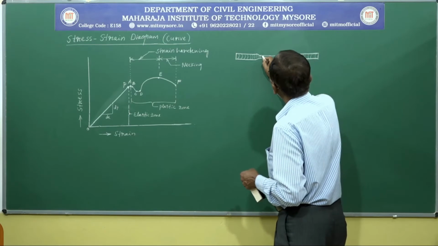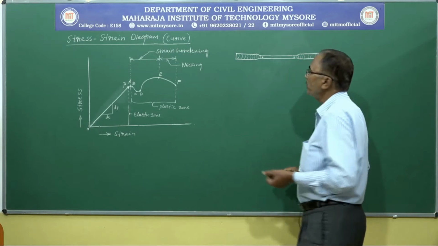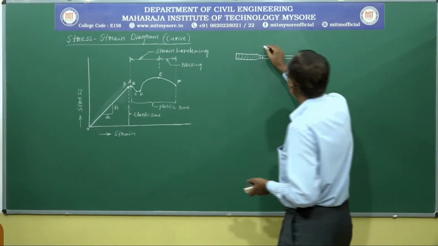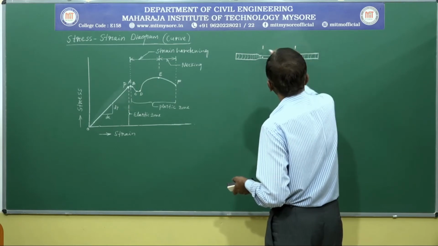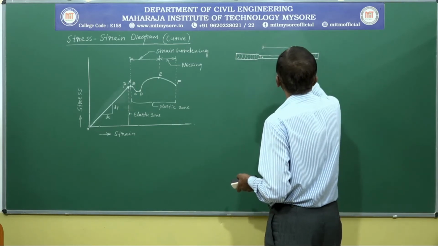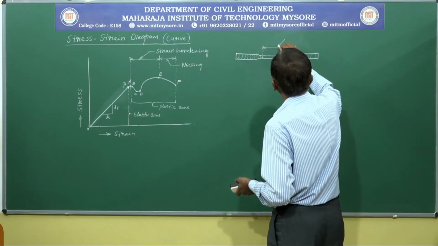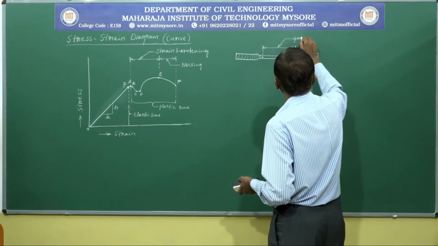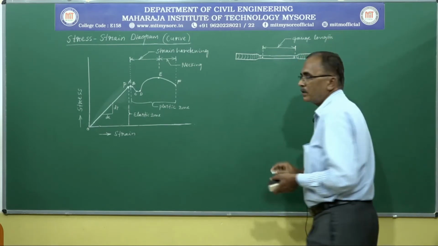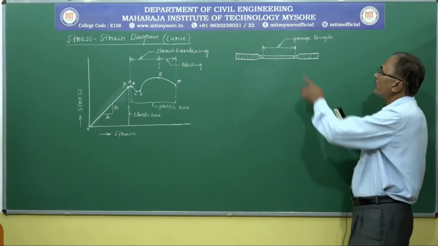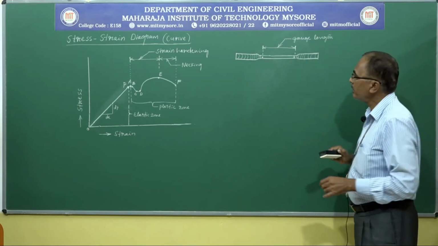Also, we mark two points on the usually middle portion of the specimen, and the distance between those two points marked on the specimen is known as the gauge length.